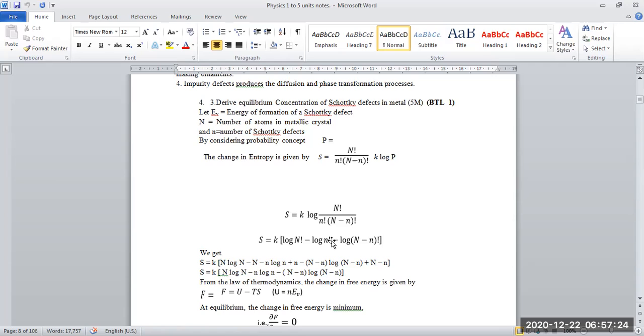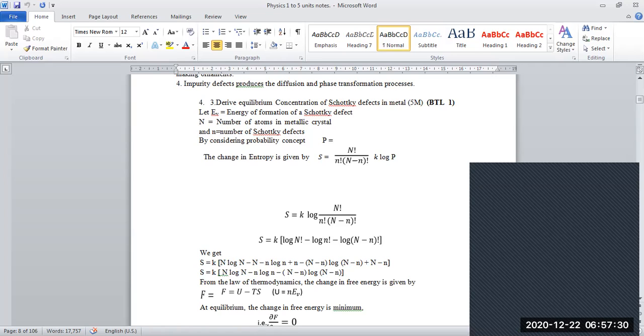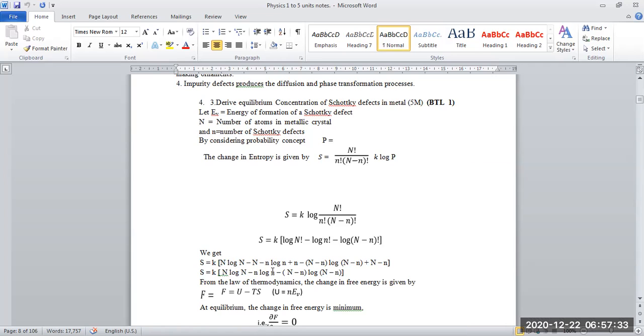So log N factorial minus log of n factorial into N minus n factorial. So here S is equal to k log N factorial minus of log n factorial minus log of N minus n factorial. This is in the form of log a minus this entire term: minus of log of n factorial minus log of N minus n factorial.